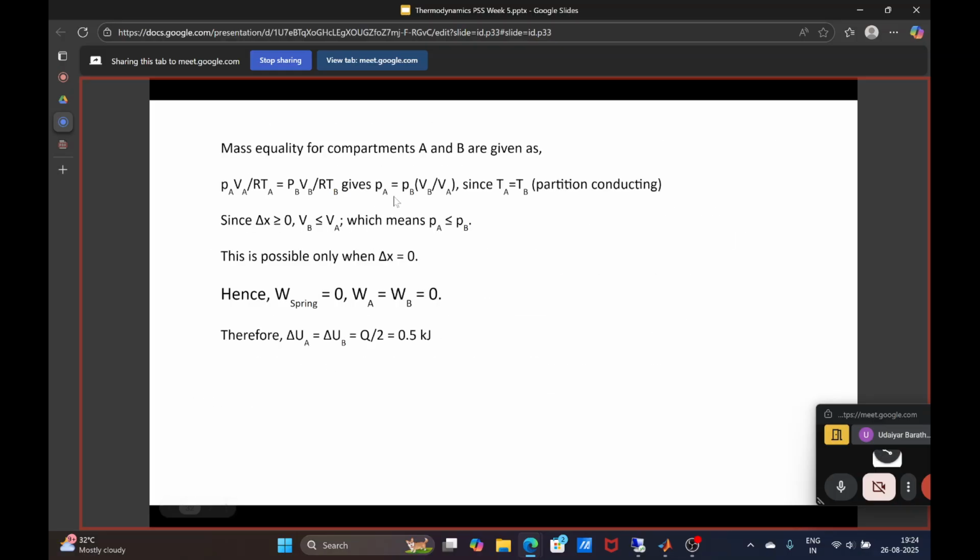The volume increased and pressure reduced, and that caused the spring deformation to be negative, but the assumption was that delta x is greater than 0. So this cannot happen. It can only happen when the spring is not moving at all, the partition is not moving at all.